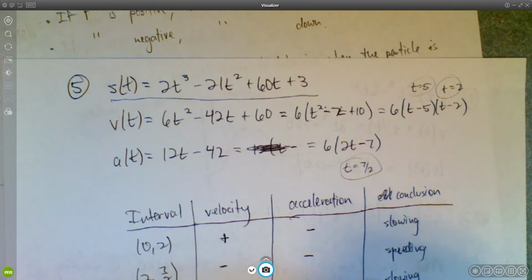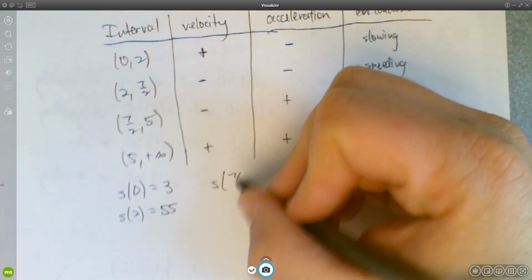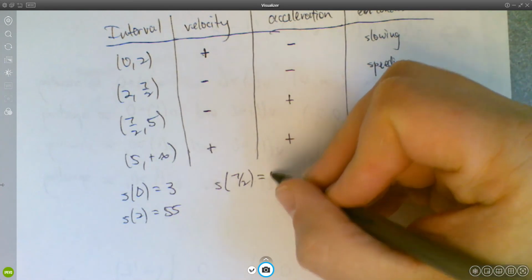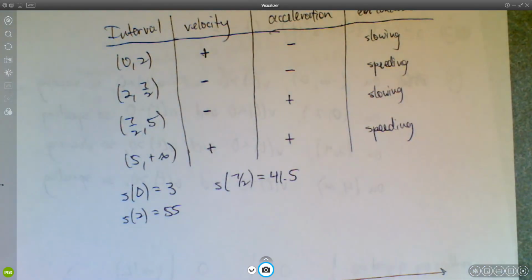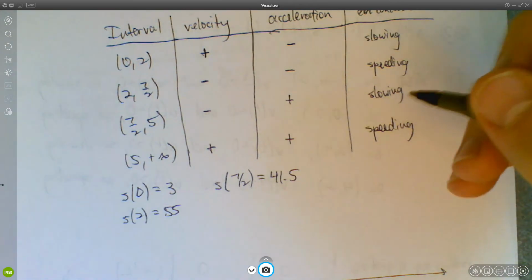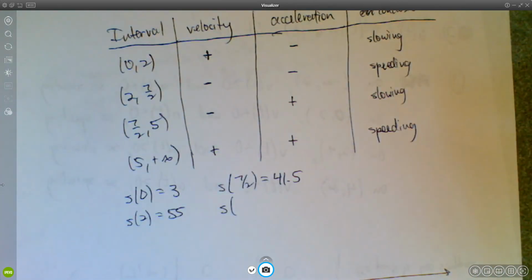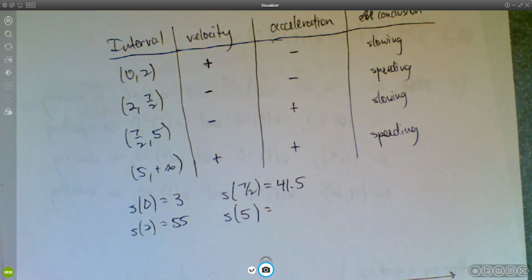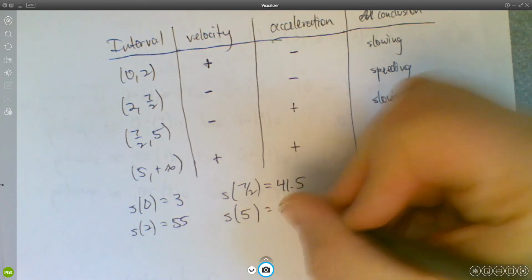At 7 halves, s of 7 halves is 41.5. And at 5, s is 28.